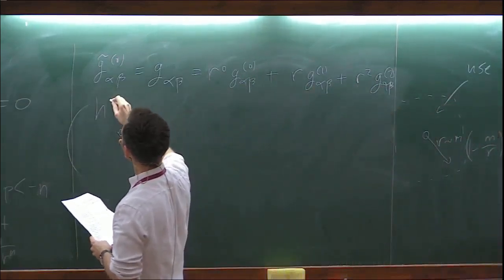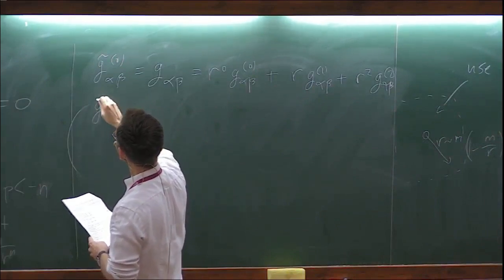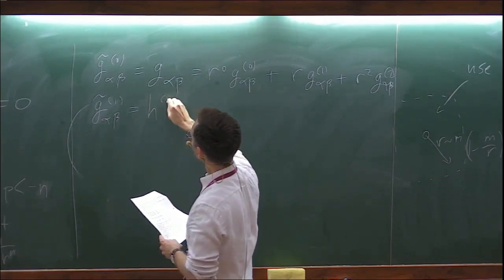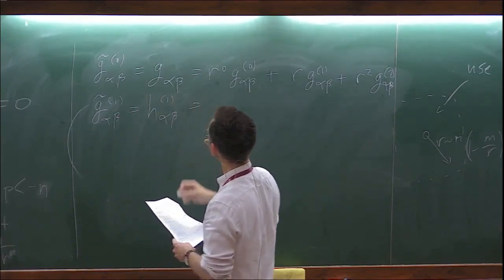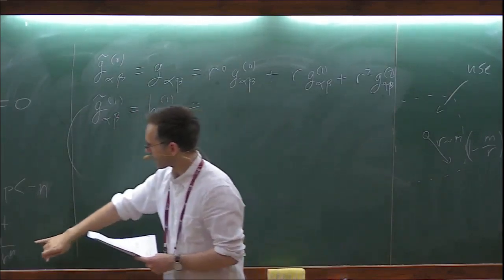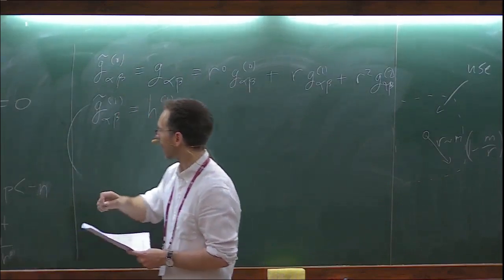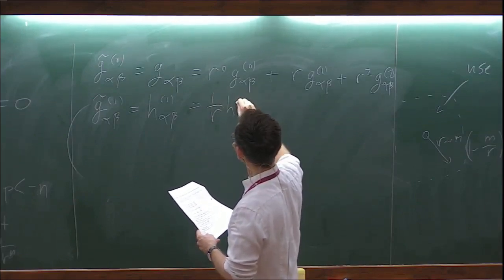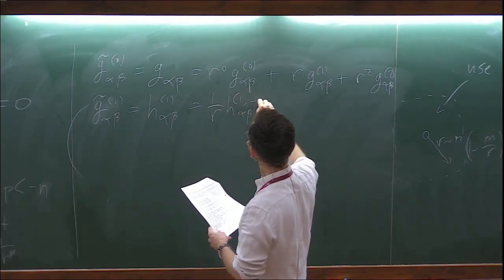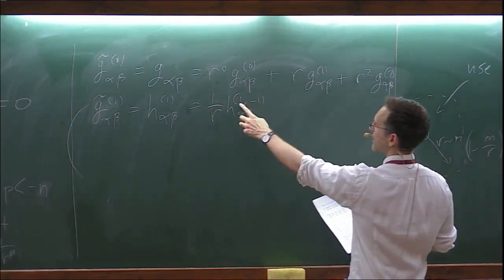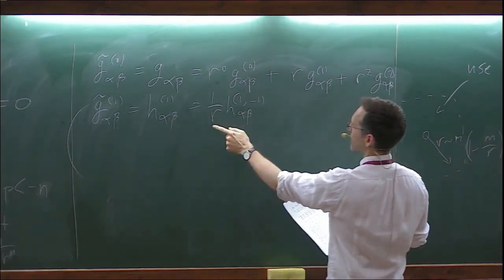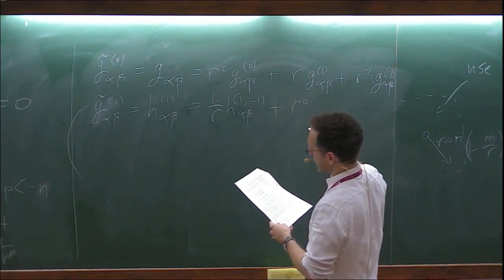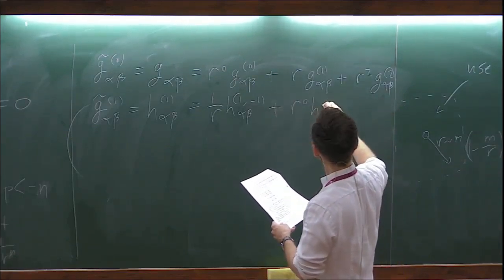Then your first order perturbation in the outer expansion, which is g1 alpha beta, and we're calling that h1 alpha beta, is n equals 1, so it starts at order 1 over r. So we have 1 over r, and I'm going to write the coefficient as h alpha beta 1 minus 1. So the 1 here is the power of epsilon, the minus 1 is the power of r. And then you have higher powers of r.